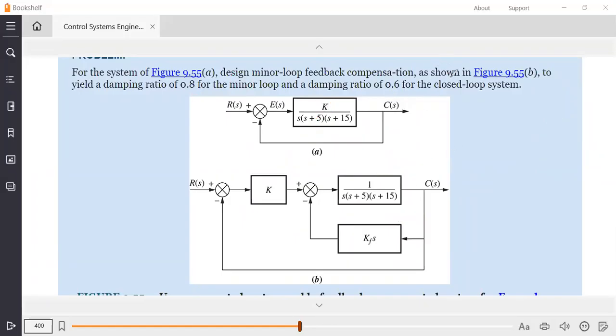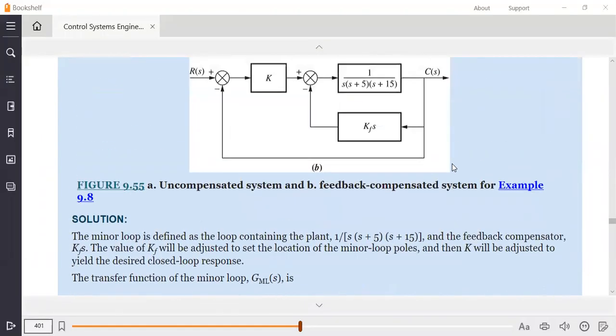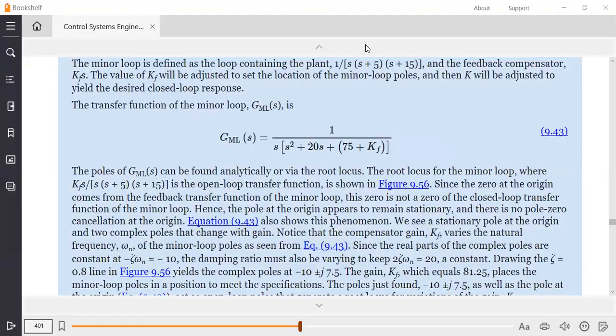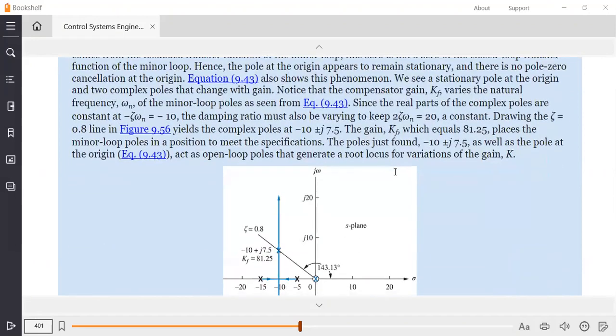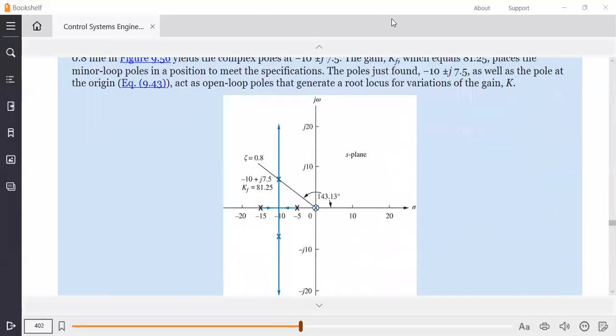Now look at the first portion of the design. For the first portion, we have to find the closed loop transfer function of your minor loop. Then the rest as before: you plot the root locus, and as you can see, the pole and zero at origin have their effect nullified.